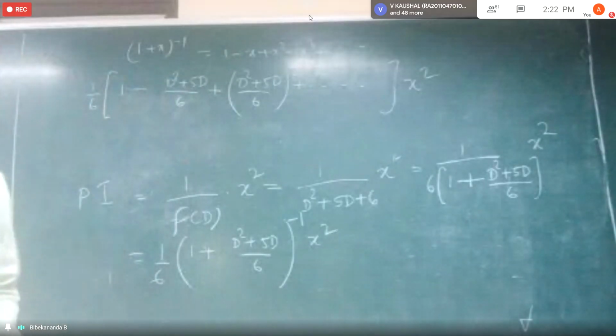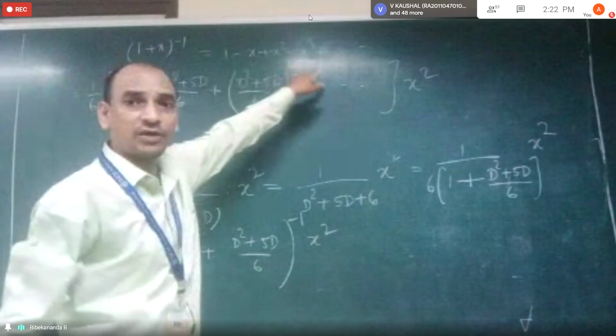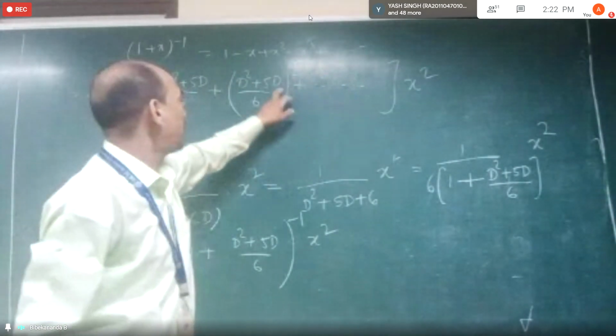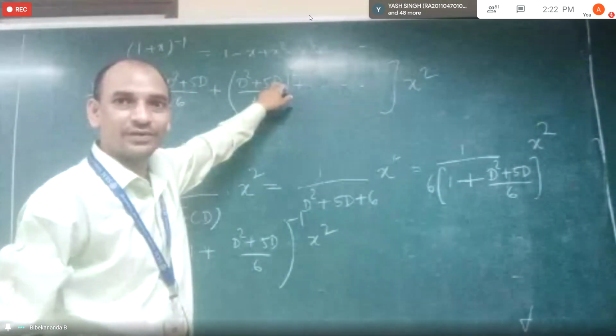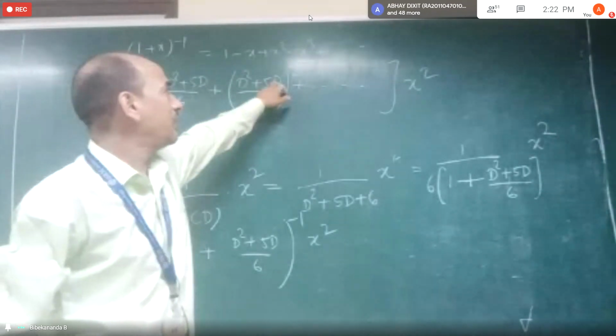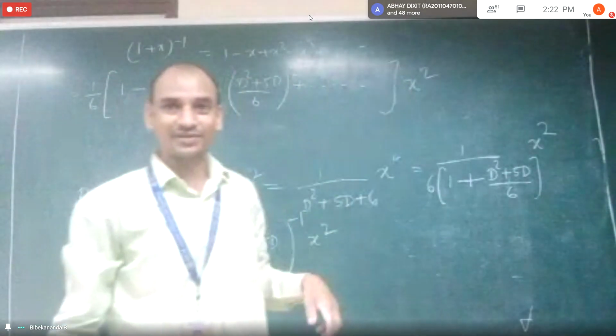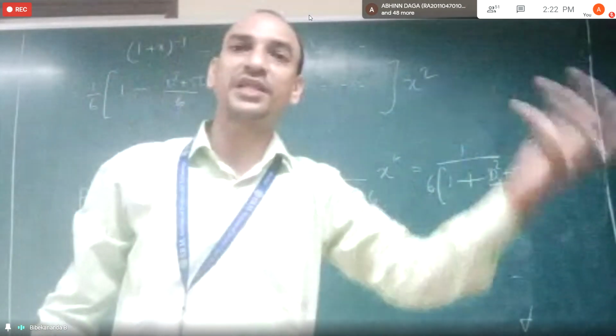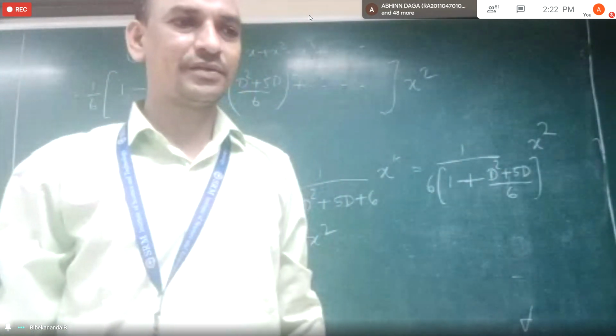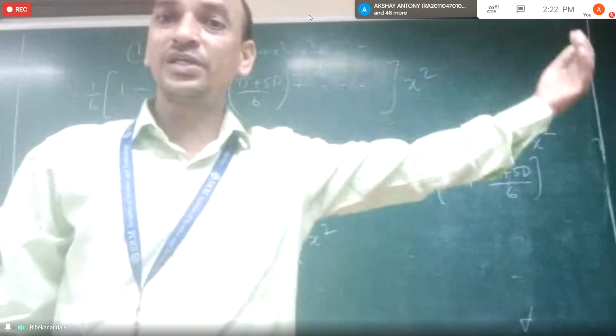Why? If I take any other term, D cube will come. So the minimum degree will be D cube, which means differentiation of x square 3 times. What is the differentiation of x square 3 times? 0. So the third degree term you can leave from here.